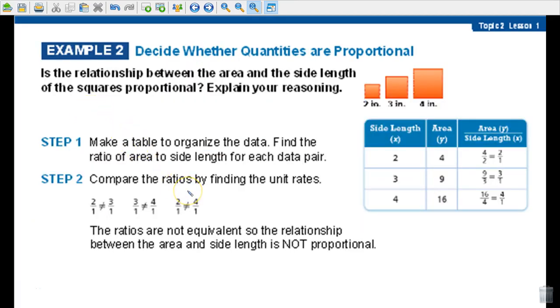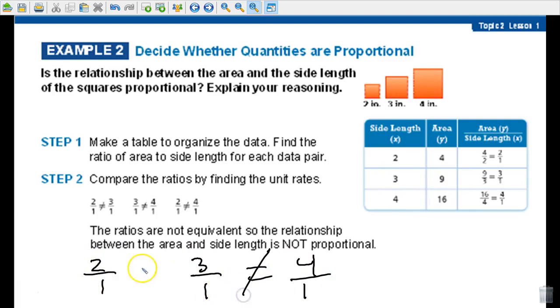Example 2, decide whether quantities are proportional. Is the relationship between the area and the side length of the squares proportional? Explain the reasoning. So this is 2, 3, and 4. They work it all out for you, okay? When we simplify 4 over 2 and 9 over 3 and 16 over 4, we get 2 over 1, 3 over 1, and 4 over 1.